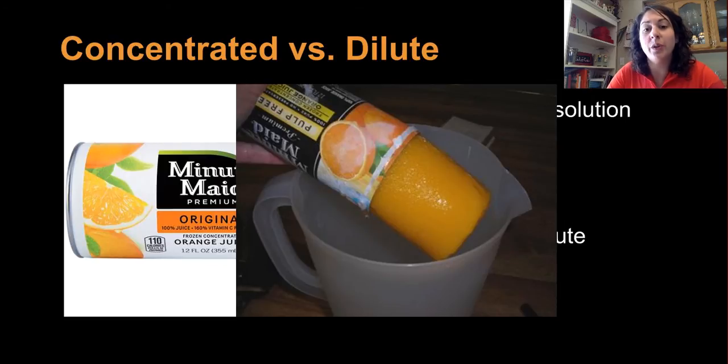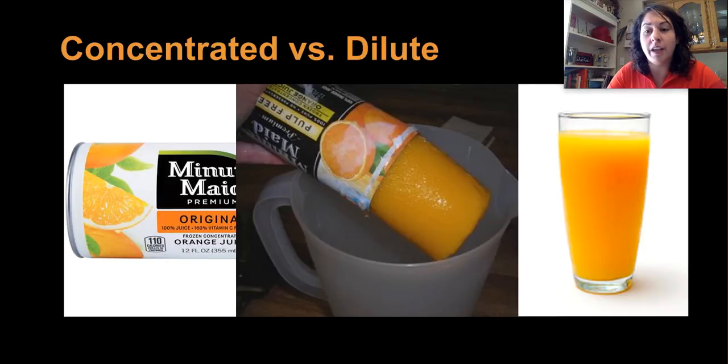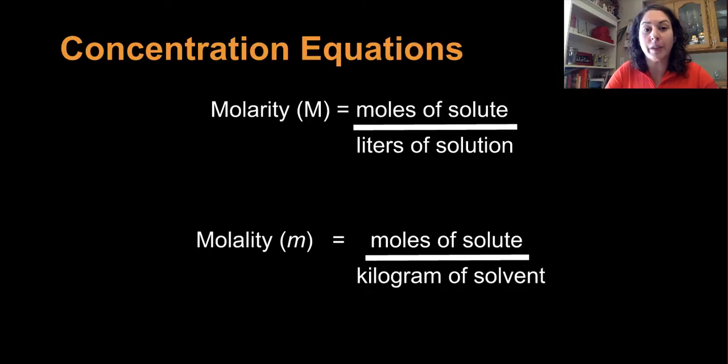So we dilute it. We reduce the concentration in order to make a glass of orange juice. The concentrated form that we started with is our concentrate, and our dilute solution is the glass that we end up drinking. That's just an example of something that we see in our life fairly frequently.